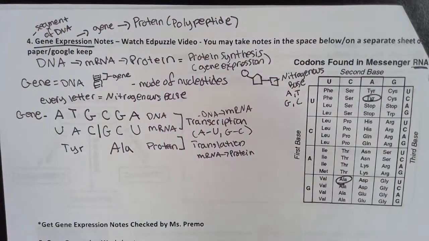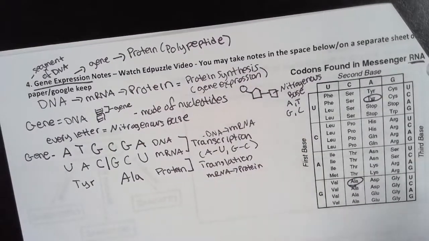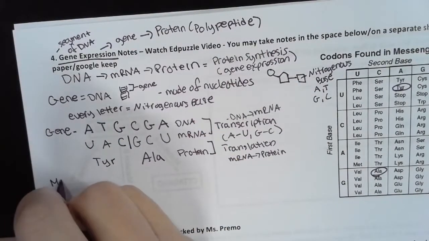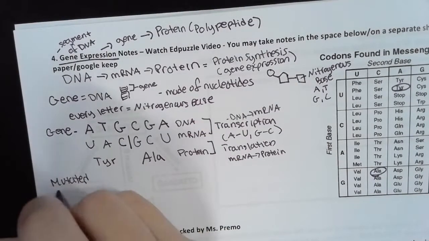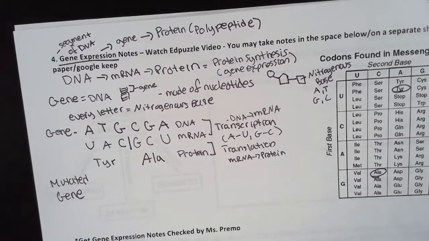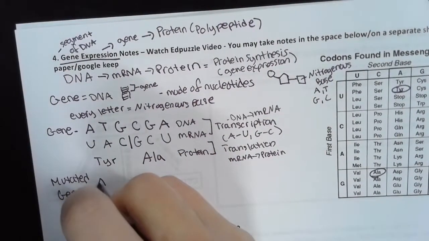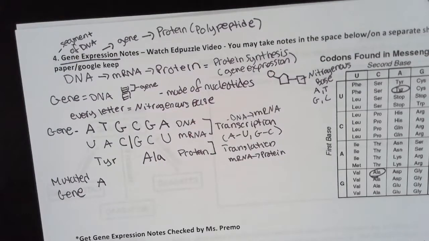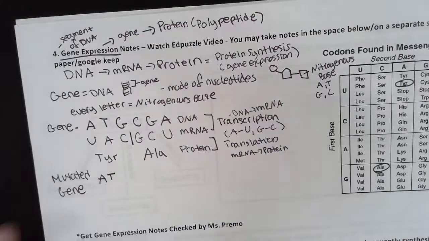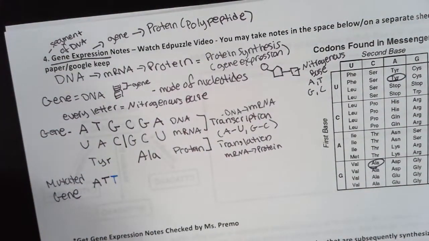Okay, now what the heck does this have to do with mutation and gene expression? So let's say that I mutate my gene. Mutated gene. All right. So let's say that I now have a gene that is A, T. Now I'm going to change a single base, which means that this is a point mutation.